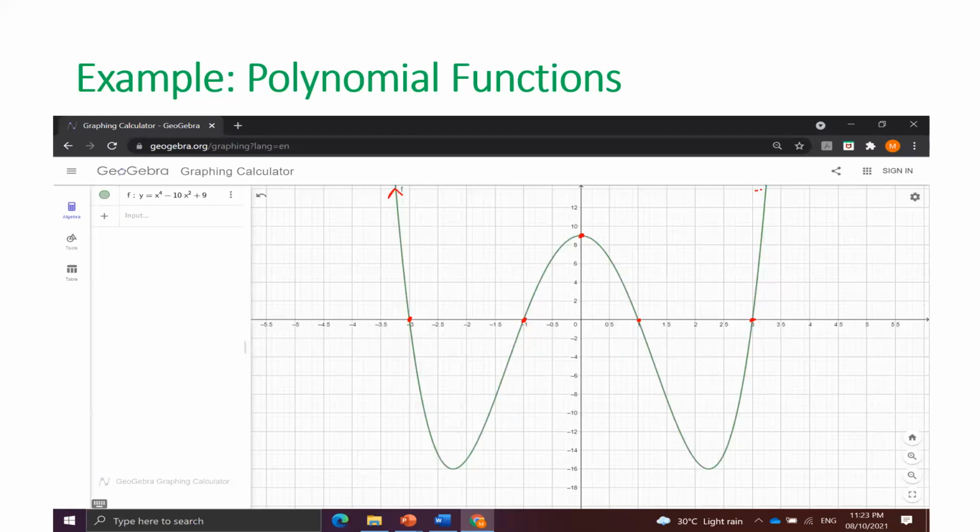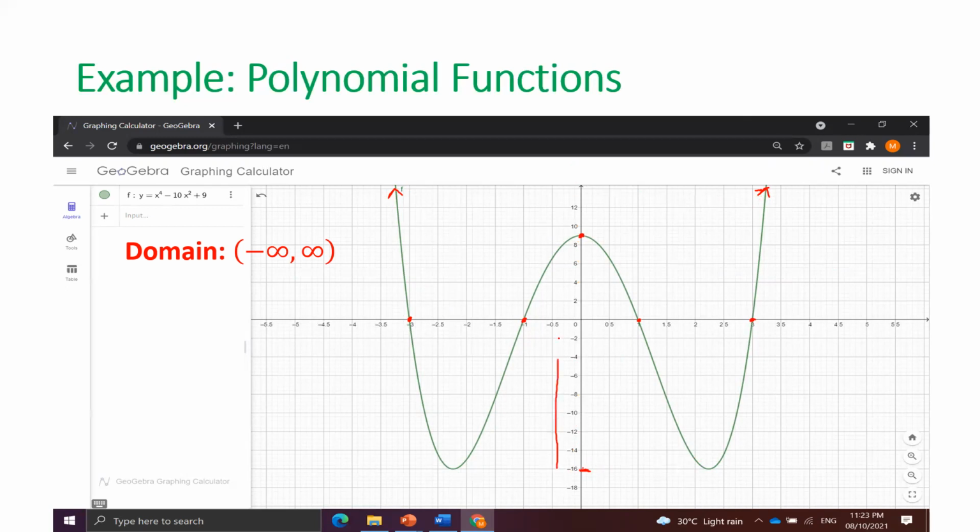Since the graph extends indefinitely going to the left and rightwards, then the domain is the set of all real numbers. But in the range, the graph only extends indefinitely upward, so it has a bound below, which means that the graph starts at y equals negative 16, and then it extends going upward.